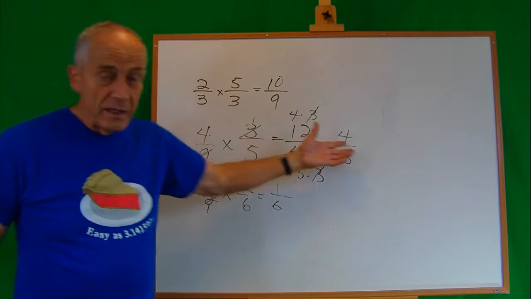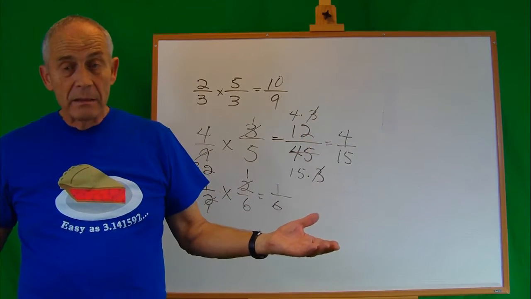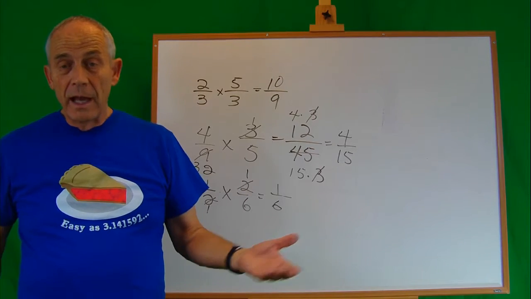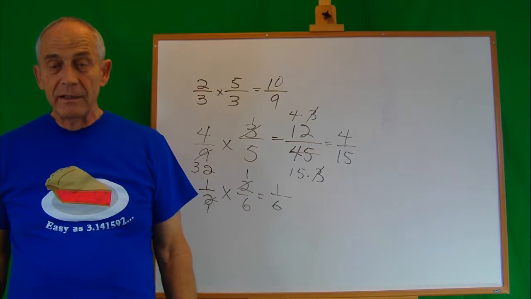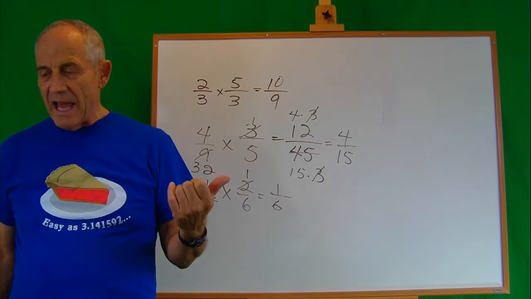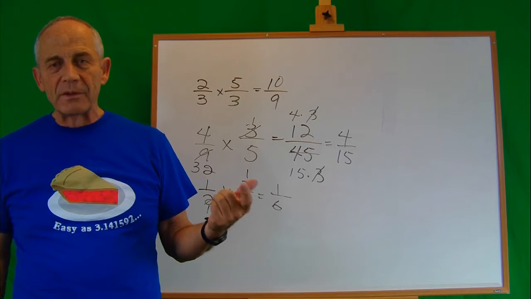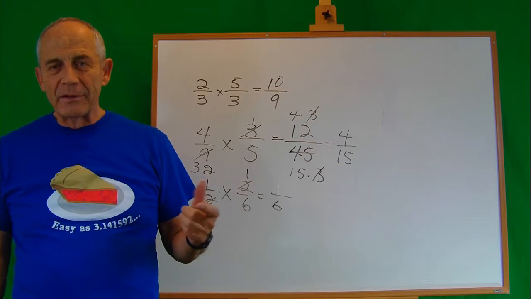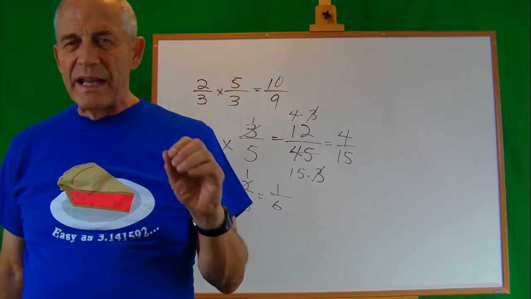And then when you get finished, if you've taken out all the common factors, they don't come back. They're gone. And so you won't have to worry about reducing this final product. So let's just make that our practice then. We multiply the numerators times the numerators and denominators times the denominators, but only after we have taken out any common factors.